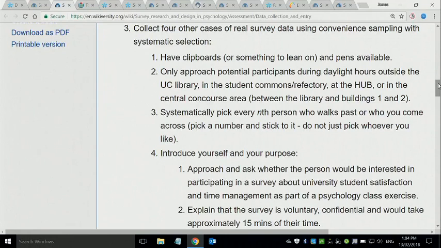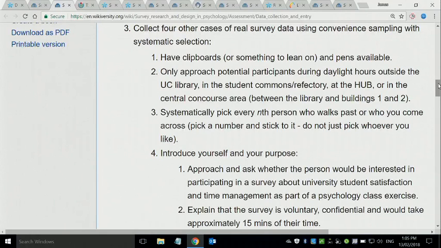Now what this means is you don't just go to 4 of your friends and say, hey, fill this out, I've got to do it for a class, because there's some bias in that. We're going to get a whole sample full of friends of psychology students, and we don't want that. What we want is a sample that is as representative of the general UC student population as possible.